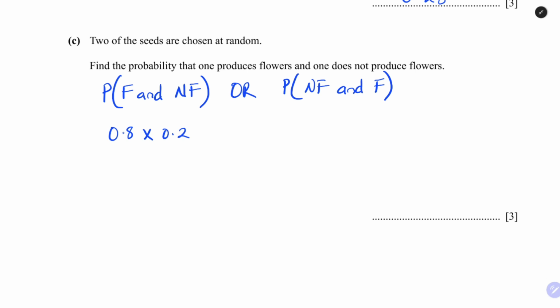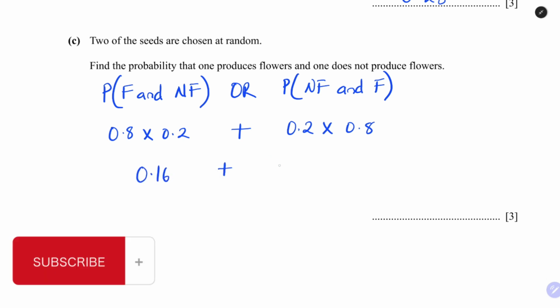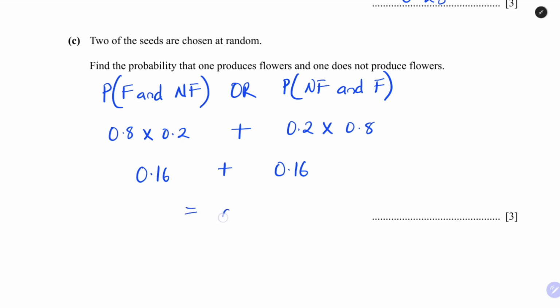Probability that it flowers is 0.8 and not flower is 0.2, or that's plus, the probability that the first one doesn't flower and the second one flowers. 0.8 times 0.2 is going to give us 0.16, plus 0.16, and that gives us 0.32.